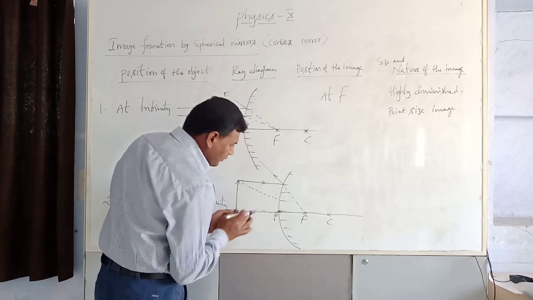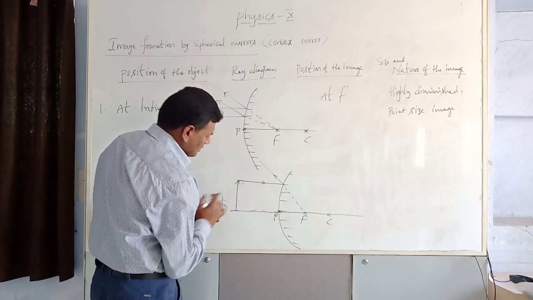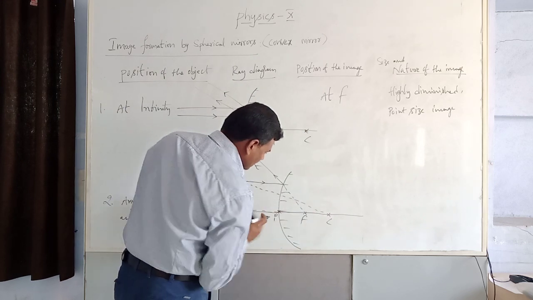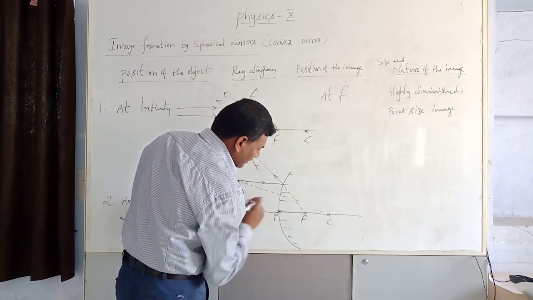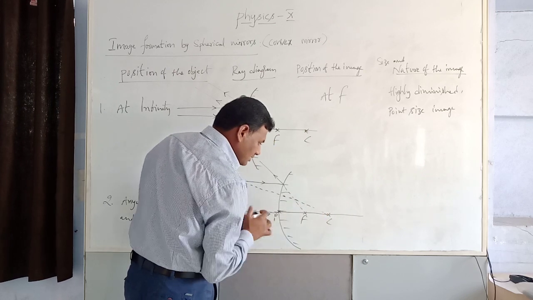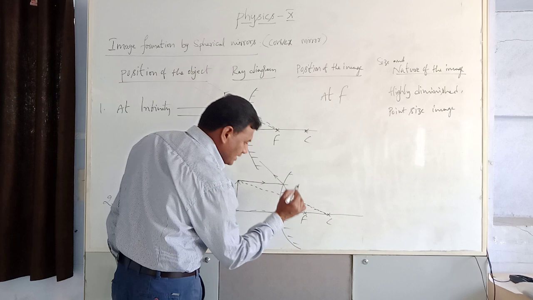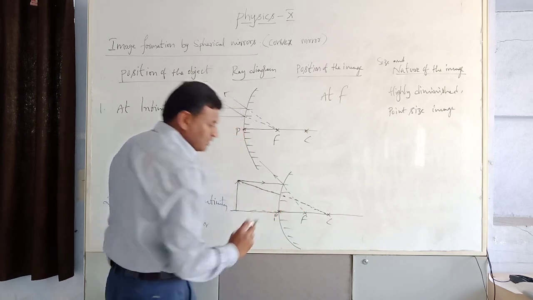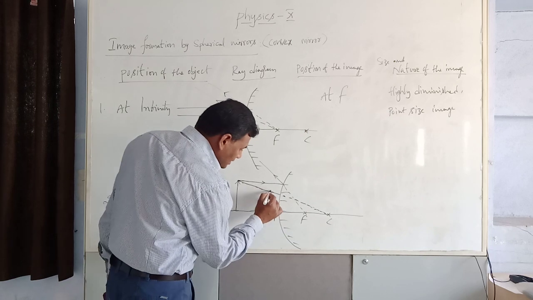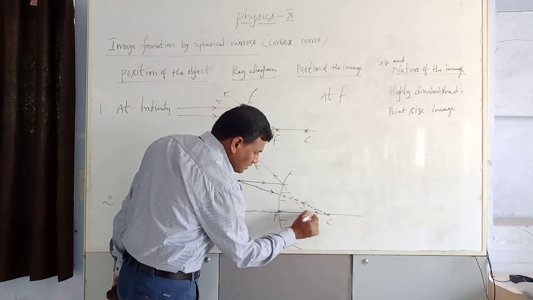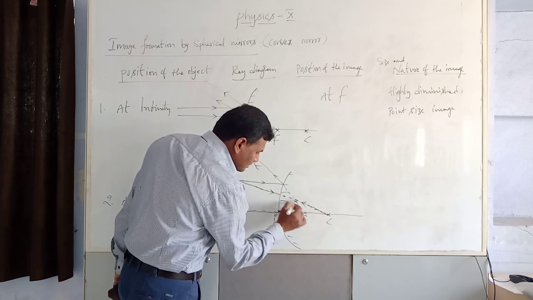Now consider another ray such that it is moving through the center of curvature. When the light ray is passing through the center of curvature, the line drawn from the center of curvature acts as the normal. So when this ray is passing through the center of curvature, it comes back along the same path. So this will be the incident ray, and the reflected ray will also be the same.